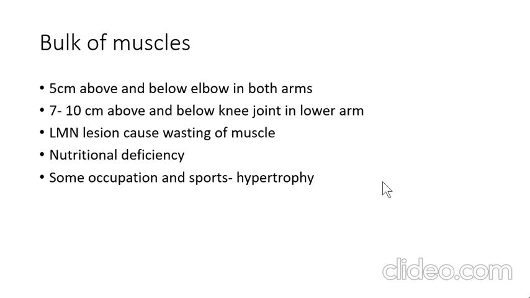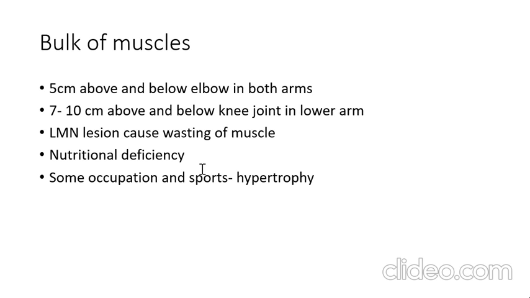Even via just the appearance of a client or subject, we can see whether the bulk of muscle is normal or not, right? Even severe wasting we can see just by looking at the subject. Apart from that, muscle wasting can occur in lower motor neuron lesion, because if the motor supply is not proper, not intact, then it will lead to muscle wasting, right?